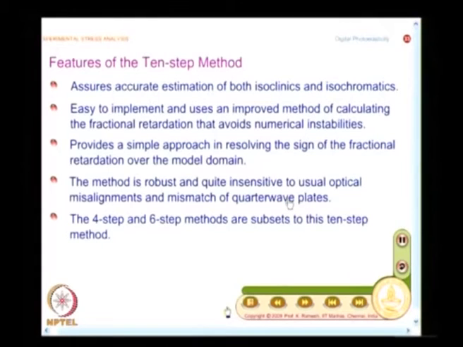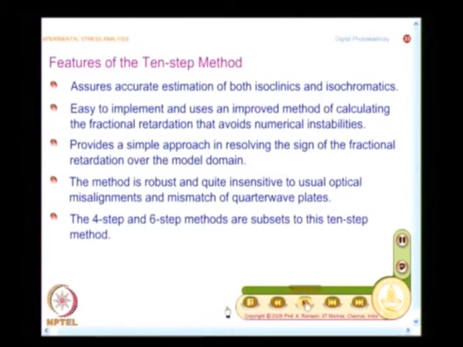That was one of its strong points, and we should not take away that strong point by putting a lot of restriction on very precise optical alignment. Nevertheless, you should try to align it as accurately as possible, but it should accommodate common variations that you come across. And the 4-step and 6-step methods are subsets of this 10-step method. They are not different. If I know the 10-step method, I can know what a 4-step method as well as a 6-step method is.